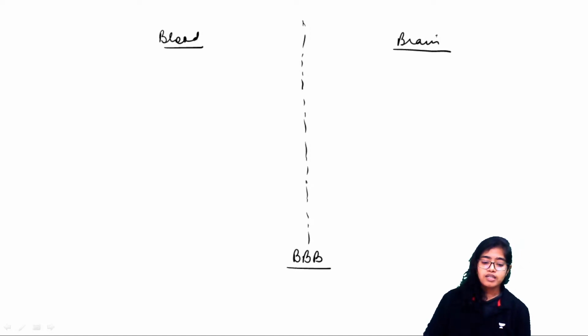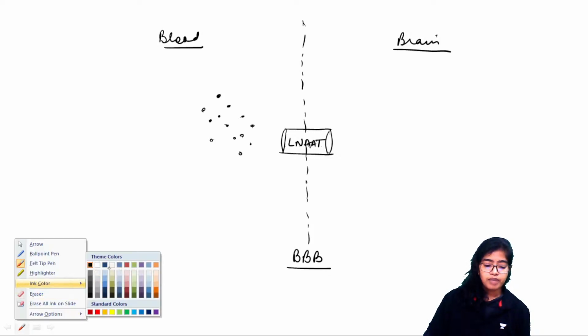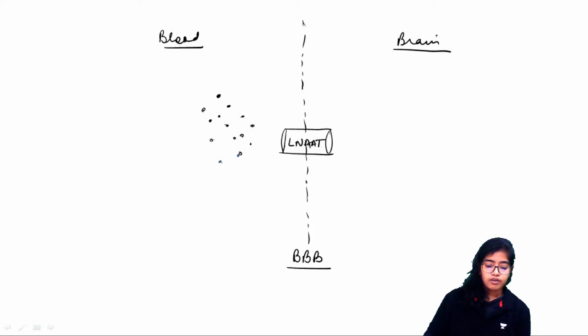So what does it have? It has channels. Channels allow certain substances to pass through or not. There is a channel, the large neutral amino acid transporter. It allows different large neutral amino acids to flow from the blood to the brain. There are different types of large neutral amino acids, like phenylalanine.